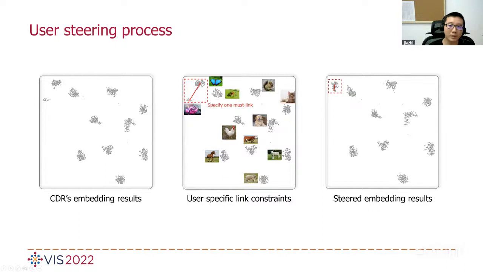Therefore, we set a must link to steer the embedding. After the must link and quick update, the new embedding presents the expected pattern.